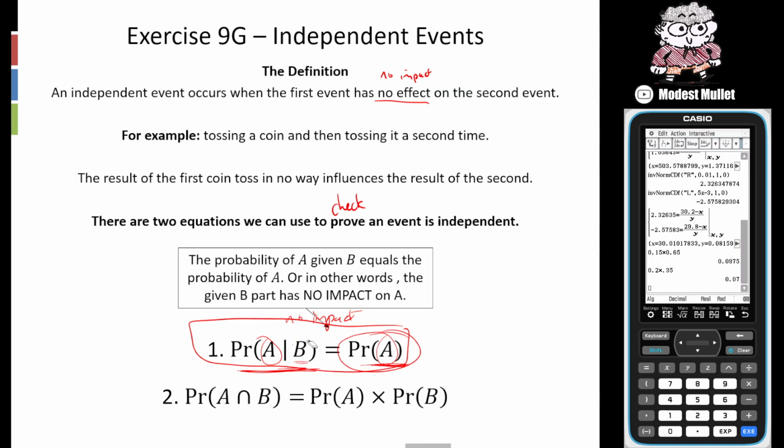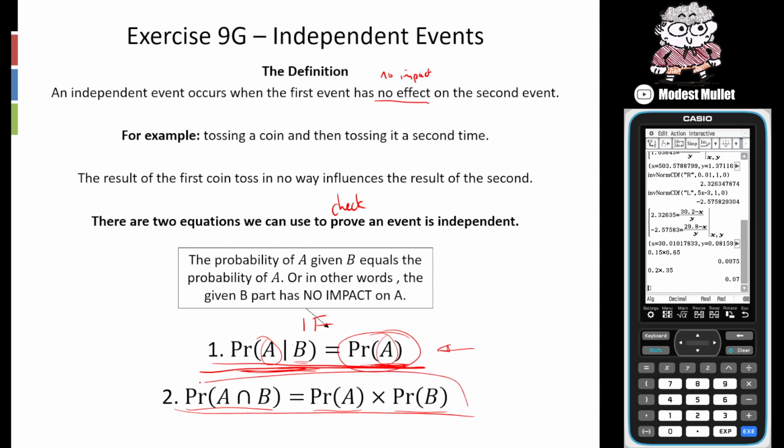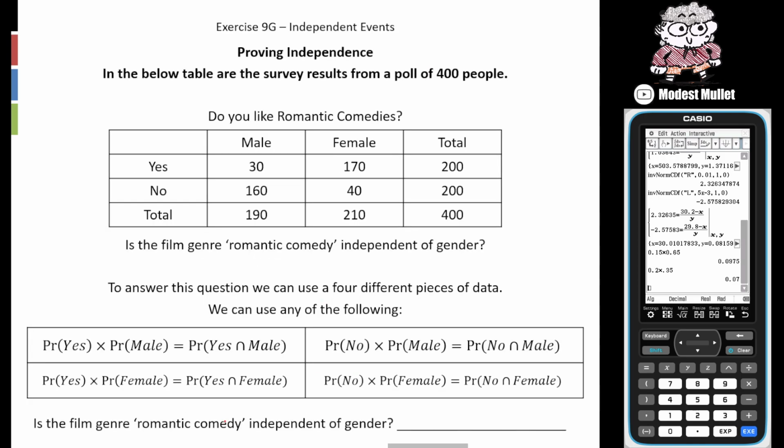So if, and this is a big if, this first equation holds true, then we can say the 2 events are independent. B has no impact on A. And from that, the intersection of A and B is equal to the probability of A times the probability of B. Generally we use the first one to check, then it allows us to use this second one. Cool. So let's get into it.